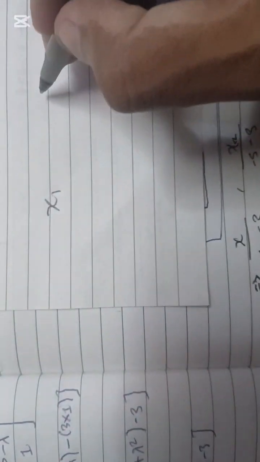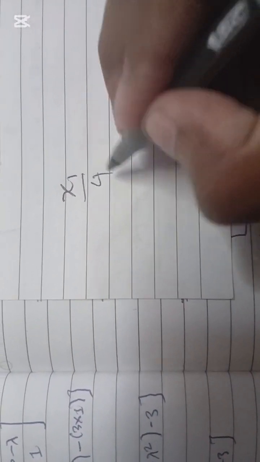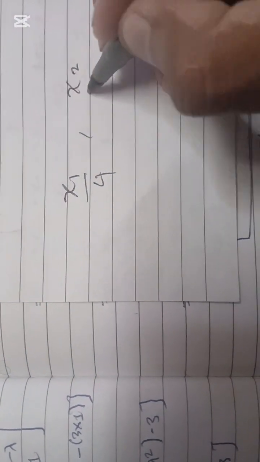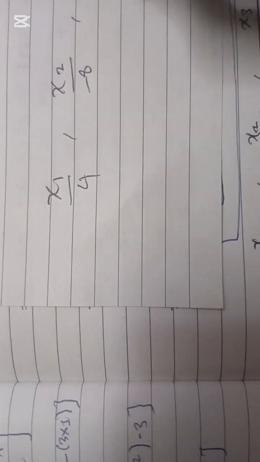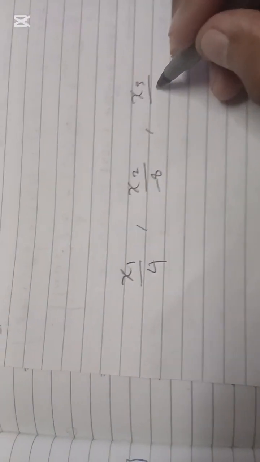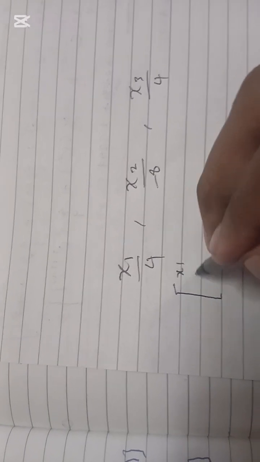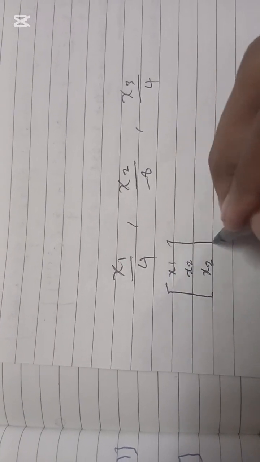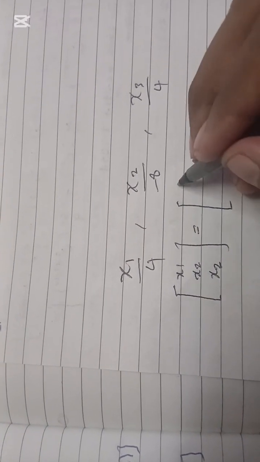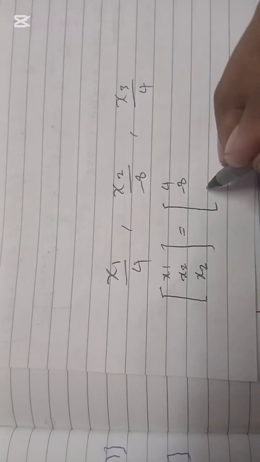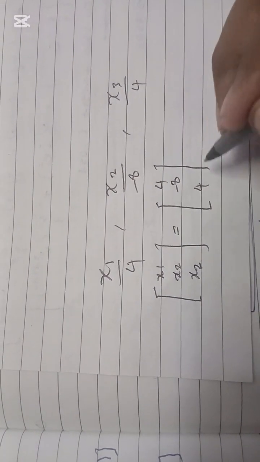So yeah, our x1 is over 4, x2 is over minus 8, x3 is over 4. So x1, x2, x3 is equal to 4, 8, 4.